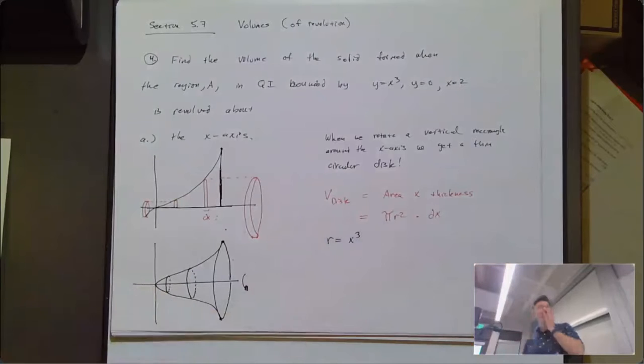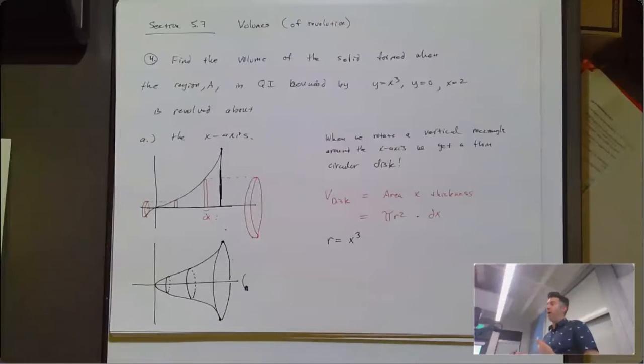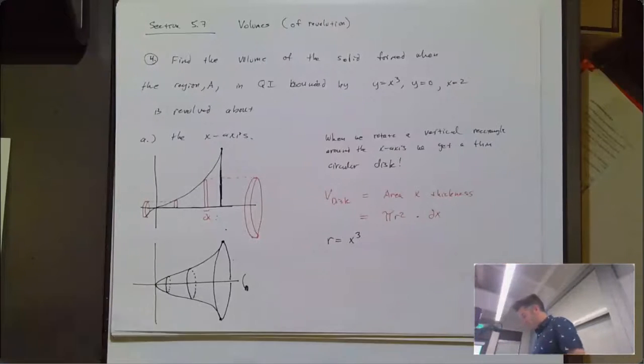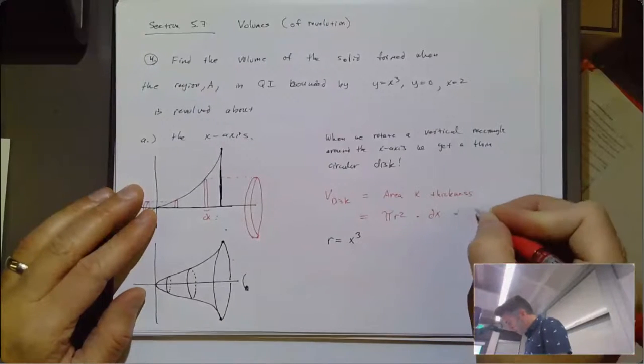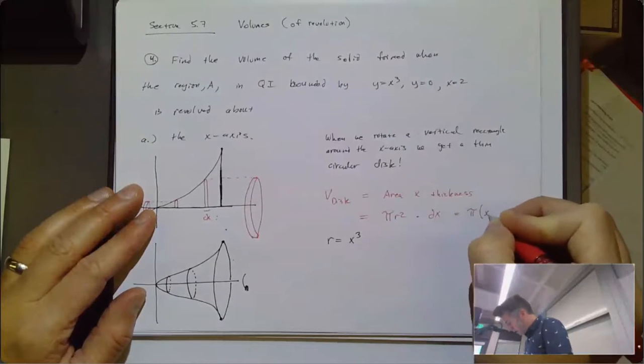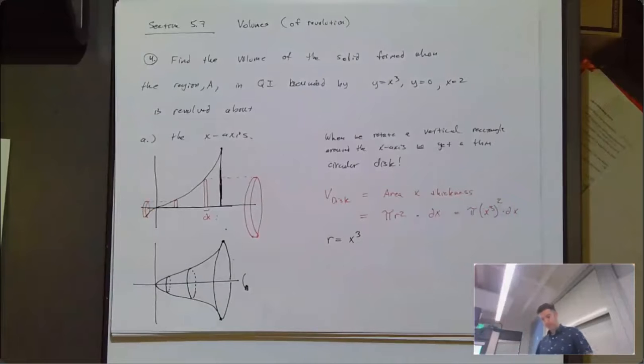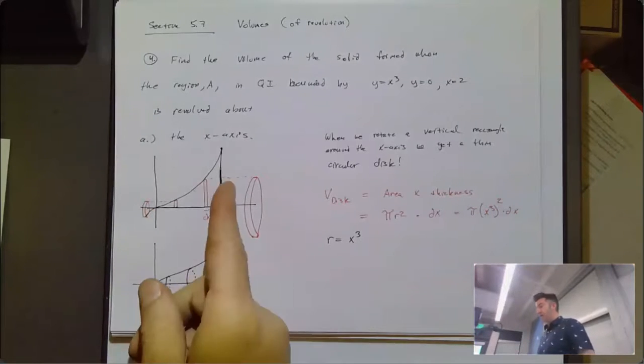So the radius here is x cubed. And generally, the radius is how far away we are from the axis of rotation. So then we're going to say the volume of our disk is going to equal pi times the radius squared times dx. So that's the volume of this one disk.